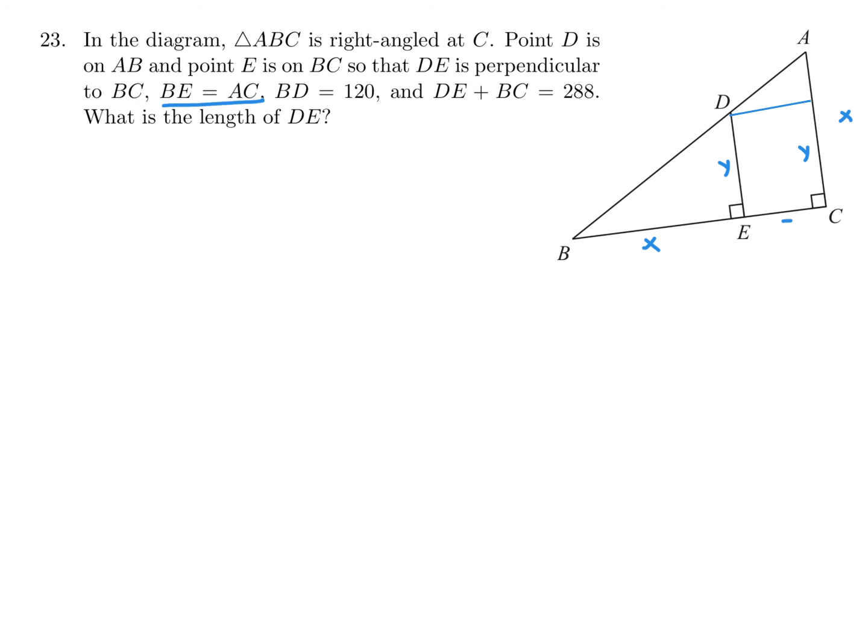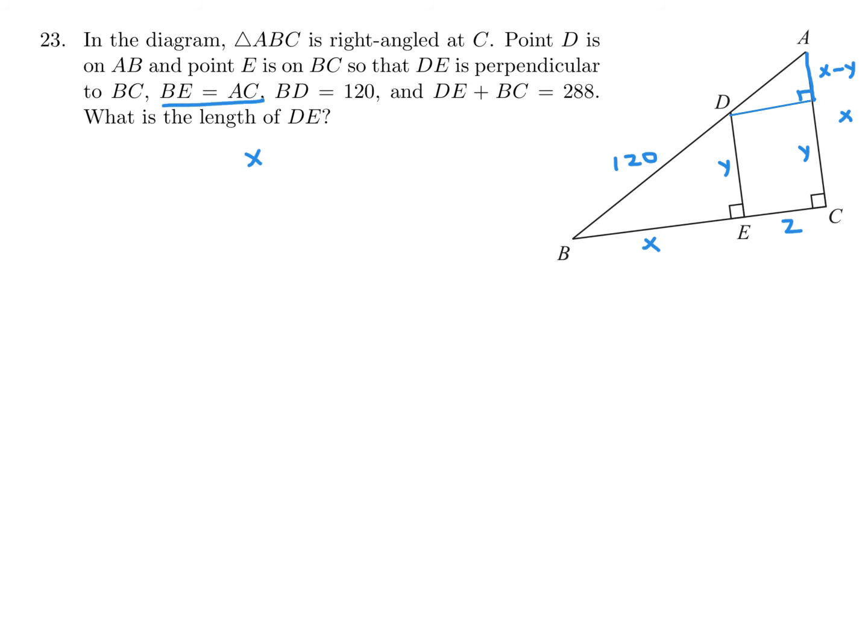And then this I'll call z, that they've told me is 120. And this is a right angle just for completion. And I think that segment is x minus y. Okay, that's about as good as I can get in terms of labeling.